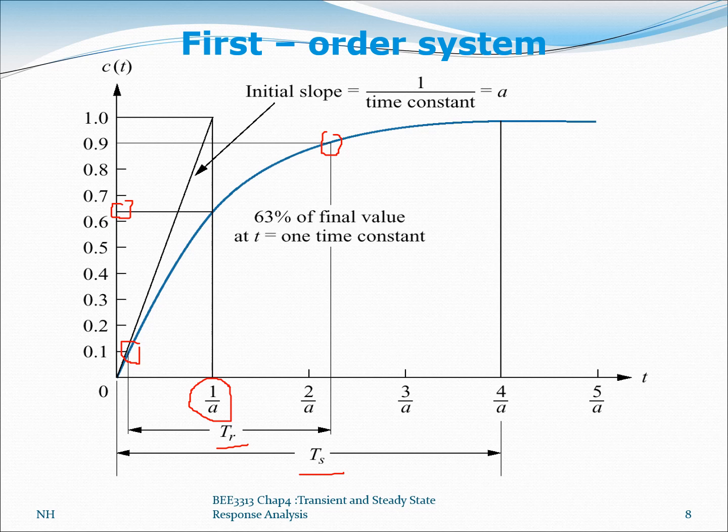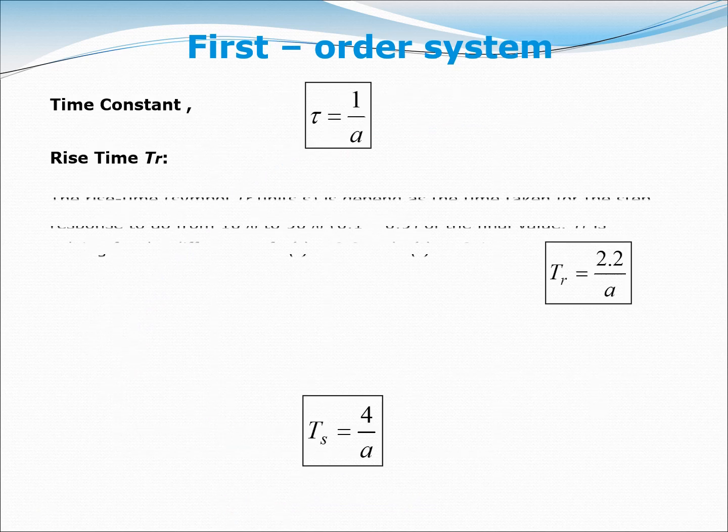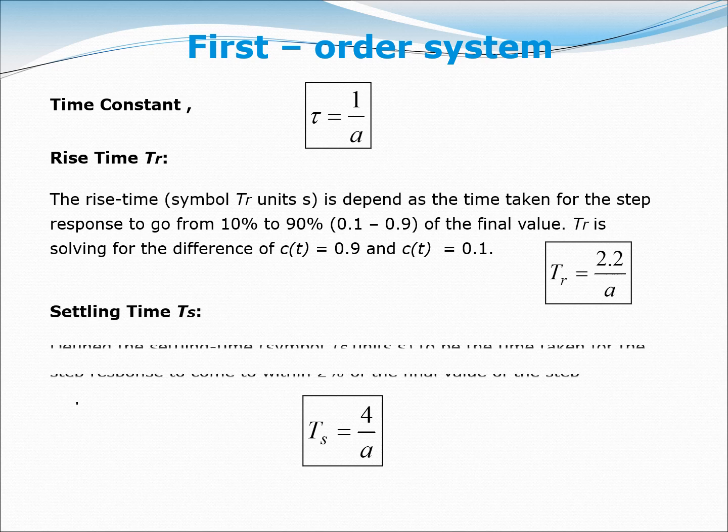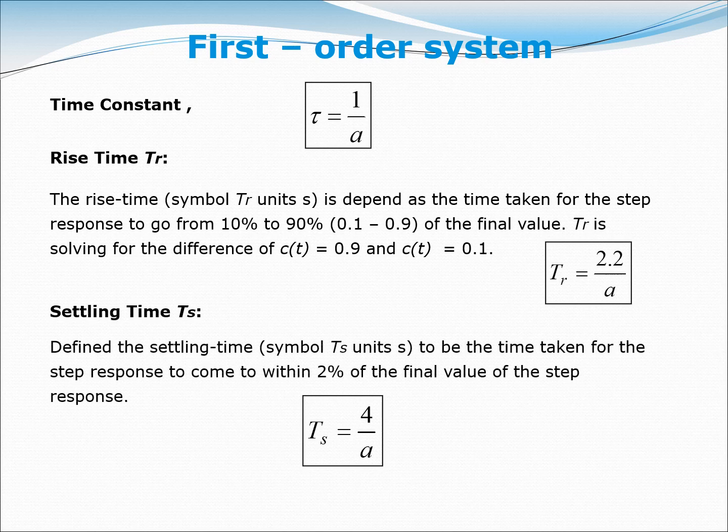So there is Tr, or rise time. And another parameter is Ts, which is the settling time. The details will be explained later on. So this is the clear definition of the rise time and also the settling time.